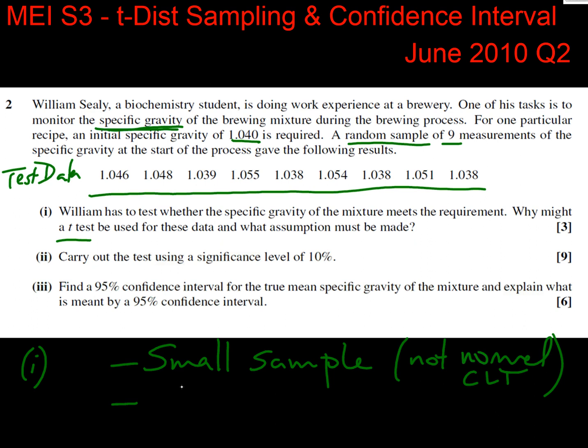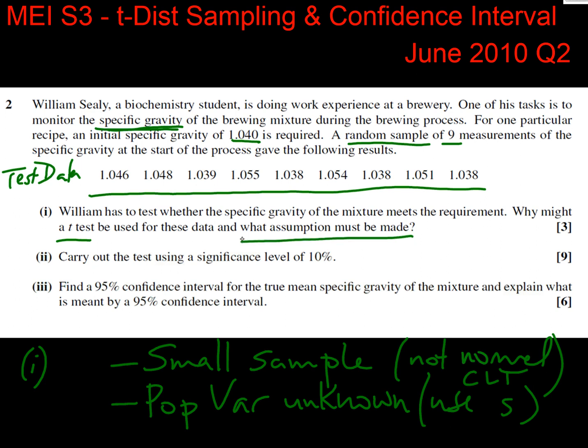And the second part is that the population variance is unknown. They haven't told us that, have they? Unknown. So we're going to have to use the sample standard deviation and variance. And what assumptions must be made?